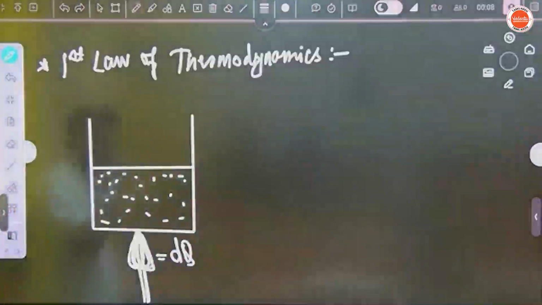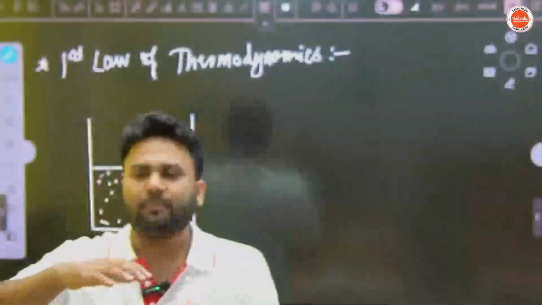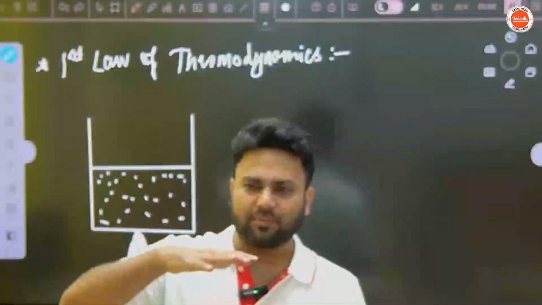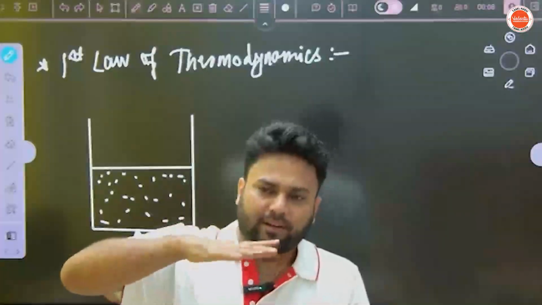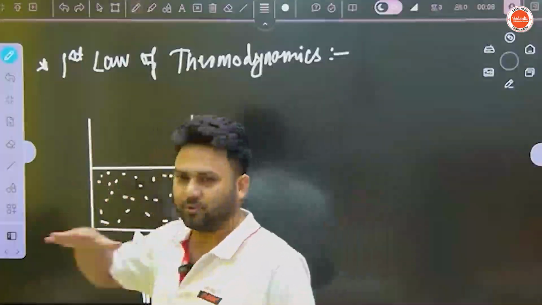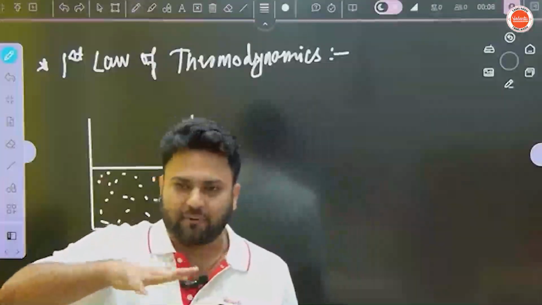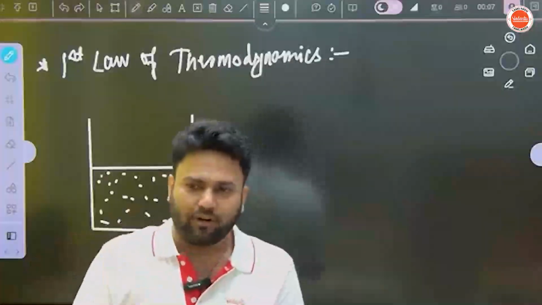Correct? Now what happens? Suppose you are boiling the milk. After some time, a lot of steam will come and the cover, the lid, suppose this is a plate, will vibrate like this because steam is striking it. Have you boiled milk?